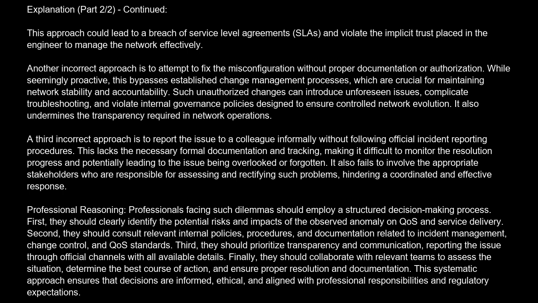Third, they should prioritize transparency and communication, reporting the issue through official channels with all available details. Finally, they should collaborate with relevant teams to assess the situation, determine the best course of action, and ensure proper resolution and documentation. This systematic approach ensures that decisions are informed, ethical, and aligned with professional responsibilities and regulatory expectations.